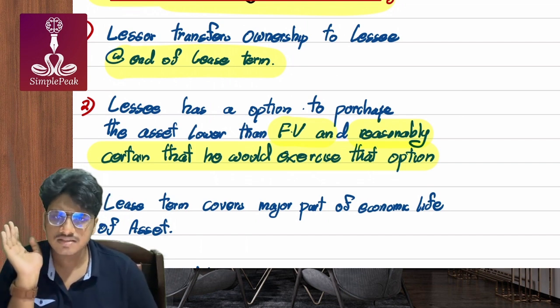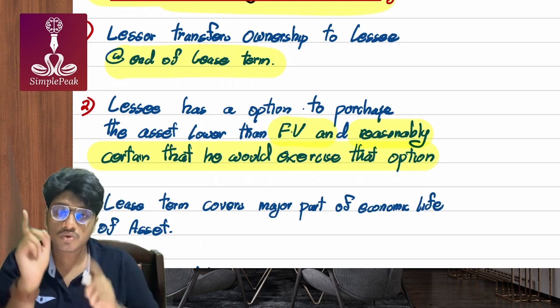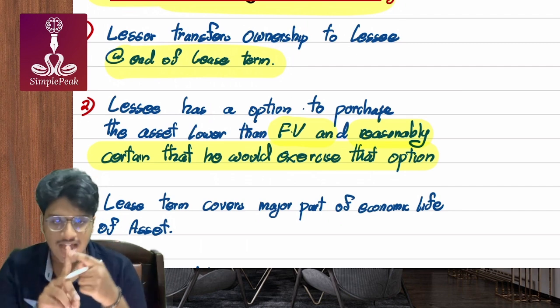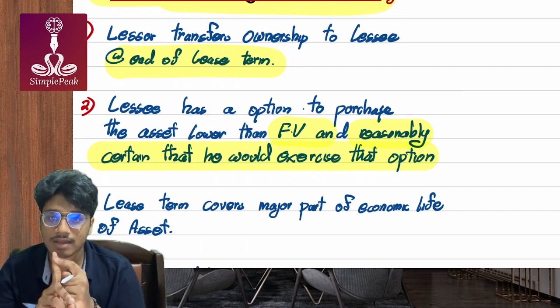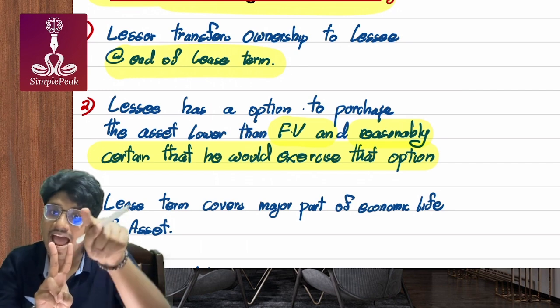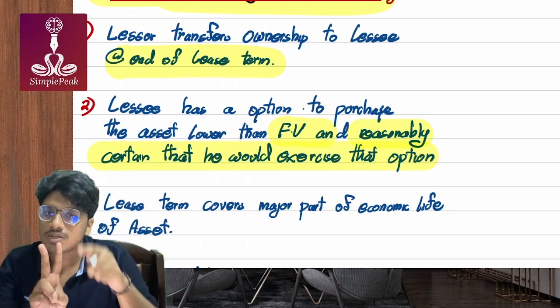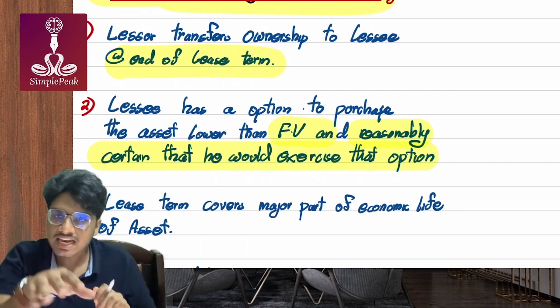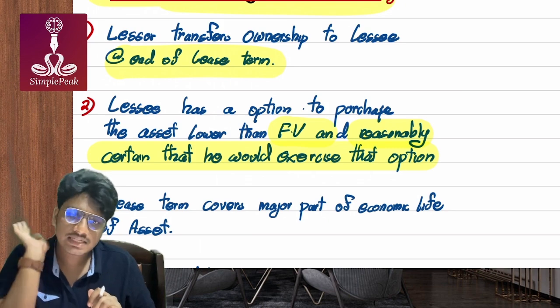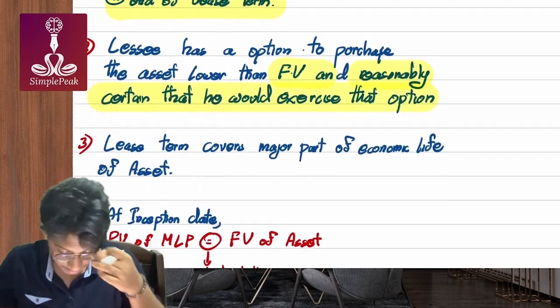If that's the case, it is a finance lease. So you need to satisfy both conditions. He has an option to purchase lower than the fair value. Also, it is reasonably certain that Anthony, the lessee, will purchase that asset. That's what it meant.